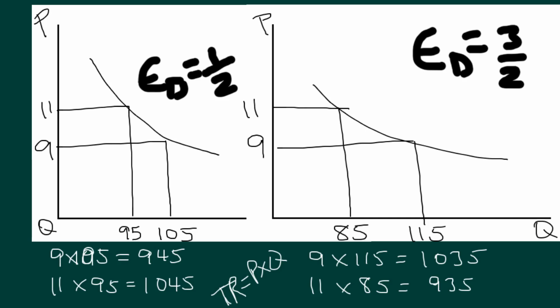All right, another way to see this is to look at it graphically. When I am charging $9, let's look at the left-hand side, $9 and selling 105, this rectangle I'm outlining is your total revenue. And when I'm charging $11 and selling 95 units, this rectangle is your revenue.